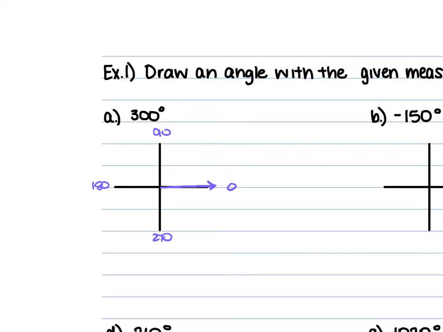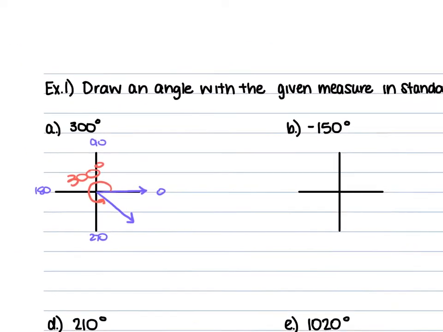So knowing this, our terminal side is going to go in between the 270 and the 0, somewhere about here. And then the only thing we have left to do is draw our circular arrow to make sure that we know which way this is opening. Then we label, and then we're done.